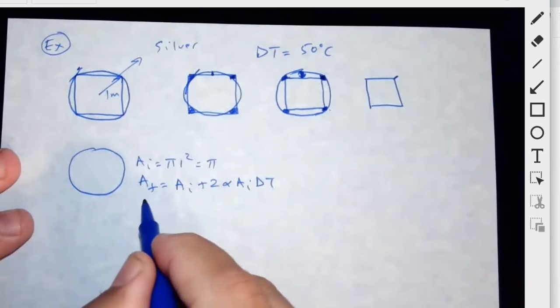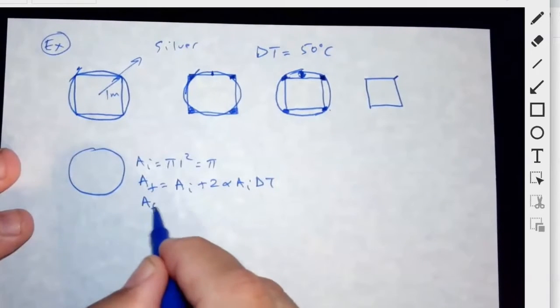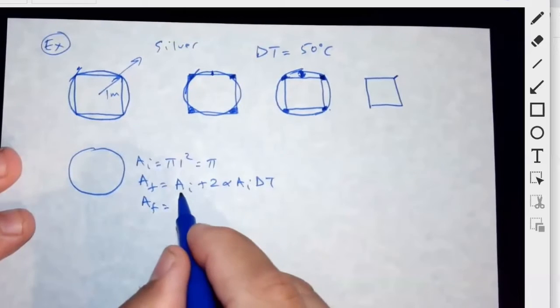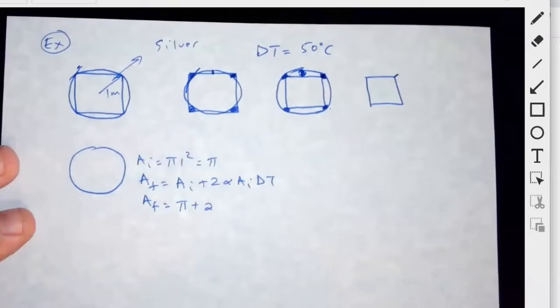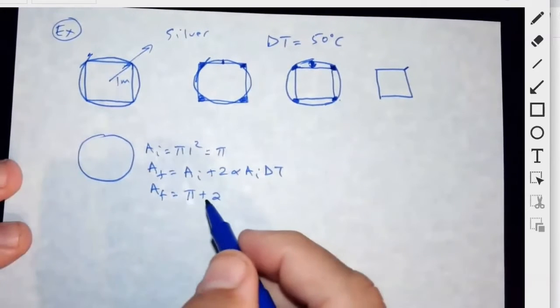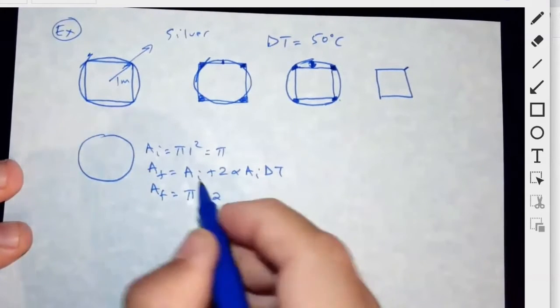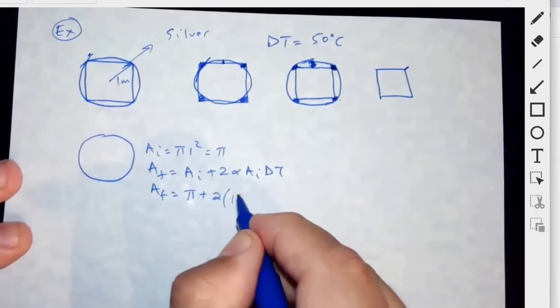So then the A final is going to be what? Original area, which is pi, plus 2, and then silver I had written is 19 times 10 to the minus 6.